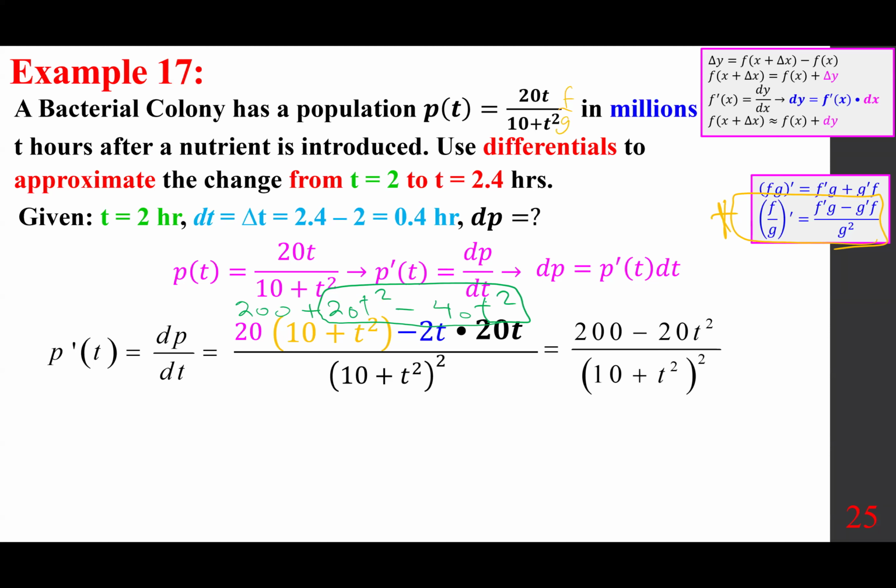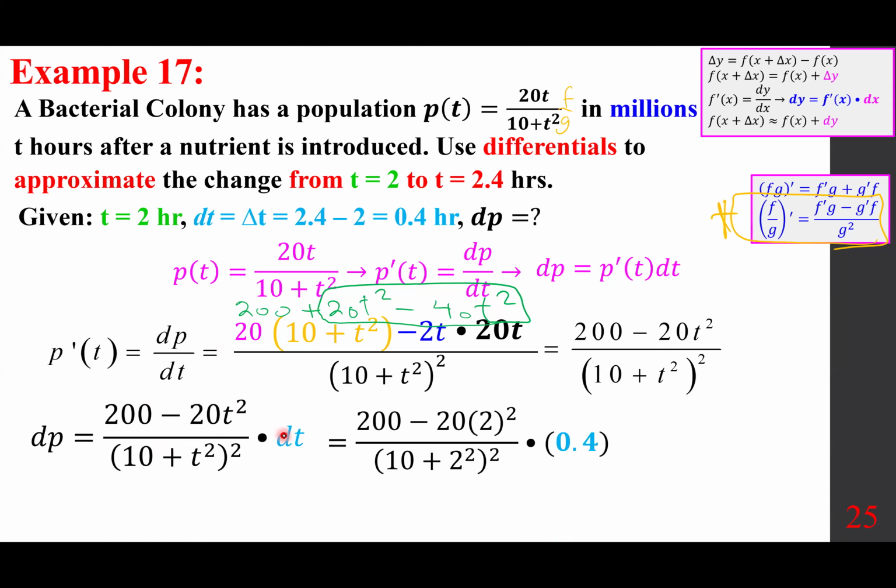So what is dP is exactly the same thing times dt. Replace the t with 2 and dt with 0.4. So we get (200 minus 20 times 2 squared) over (10 plus 2 squared) quantity squared.